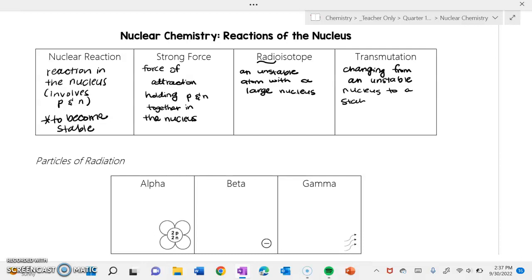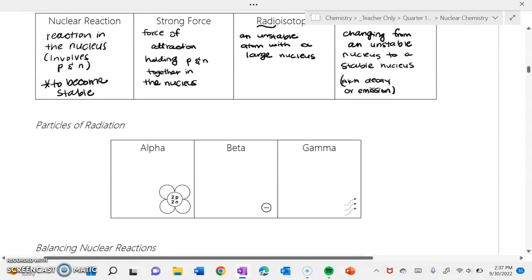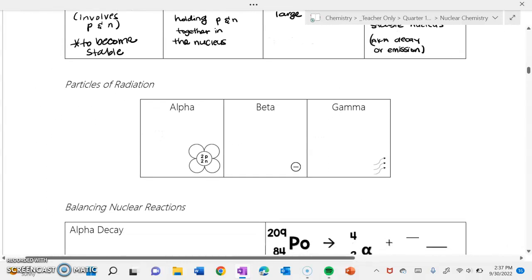Sometimes transmutation is also called decay or emission. But all of these terms are referring to an unstable nucleus becoming stable by getting rid of some protons and neutrons in a certain ratio.